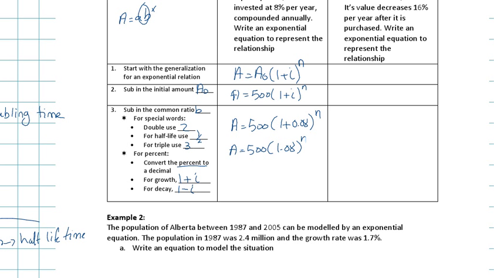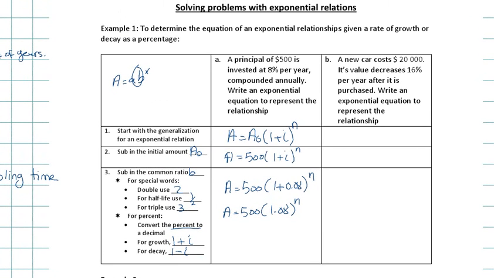Now I want you to try the next one. See what you guys can do for that. So a new car costs $20,000. Its value decreases 16% per year after it is purchased. Write an exponential equation to represent the relationship. So remember that the question is asking you just to write an exponential equation. It's not asking you for the value.